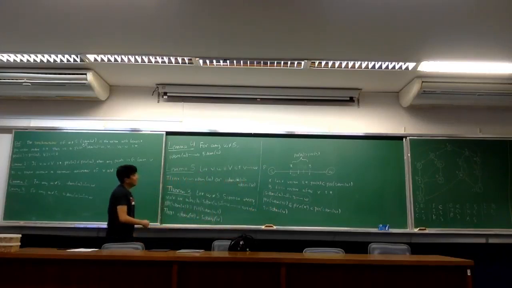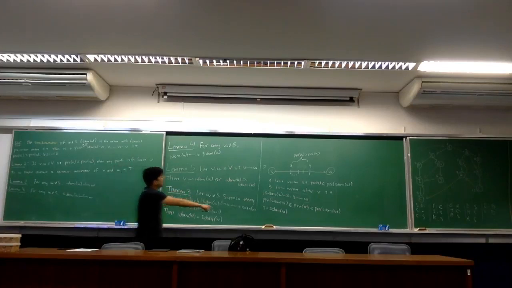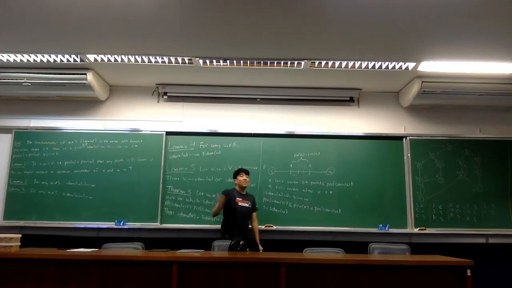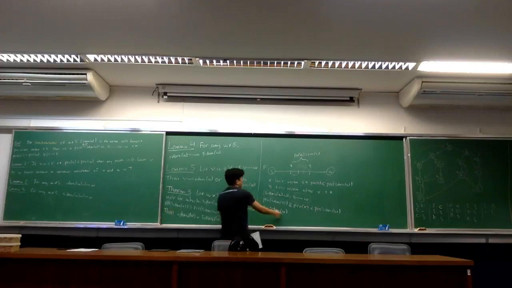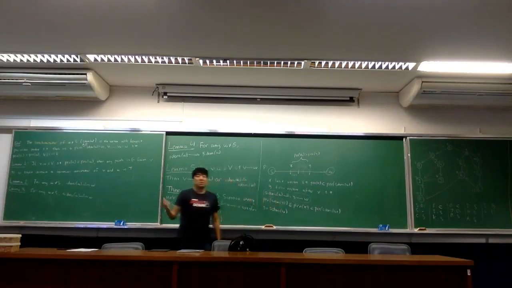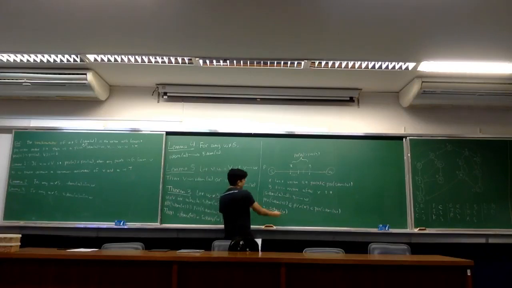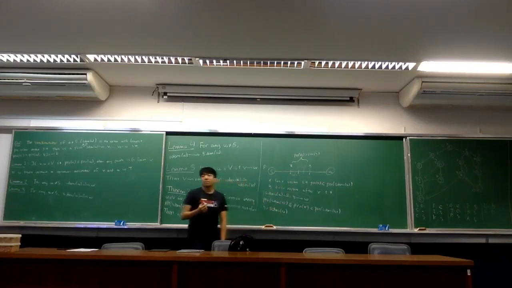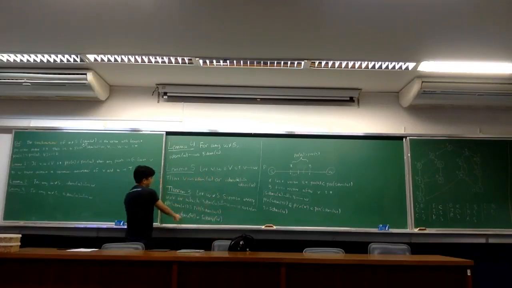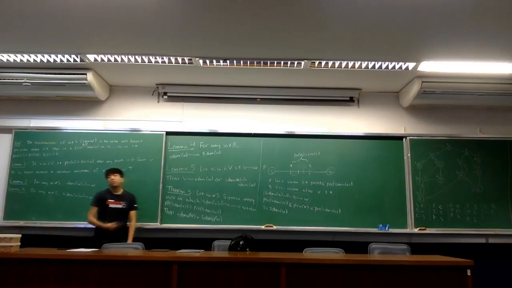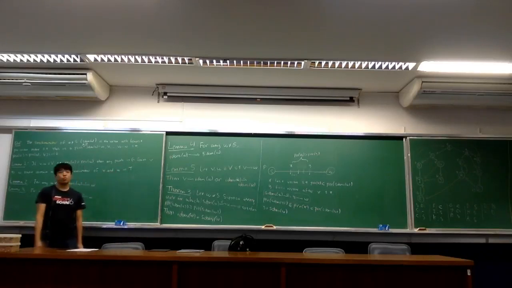But this means that the semi-dominator of W appears on the path from S to W. Right? But I chose P arbitrarily. I did not impose any condition on the path P that I chose. This means that the semi-dominator of W has to appear on every single path from S to W, which means the semi-dominator of W dominates W. This concludes the proof, because from this we conclude that the idom of W must be equal to the sdom of W. Cool.